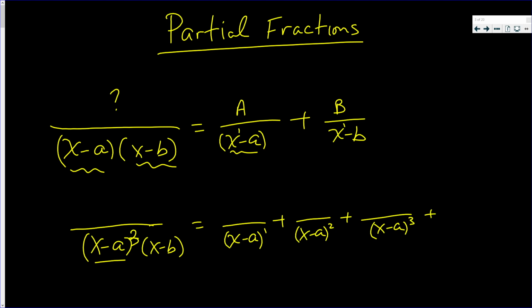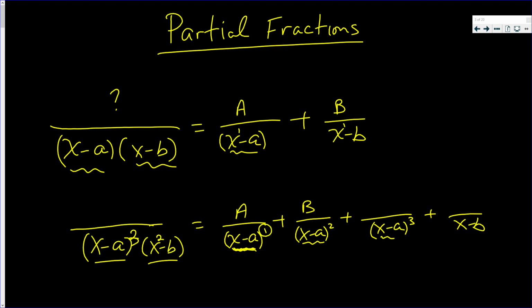You have to build up to the third power. And you're going to have x minus b. Now, what's in here is linear. Notice I'm not taking into account that power. What's in here is linear, so you go down to a constant. Linear, first degree, you write down 0 degree, which is a constant.